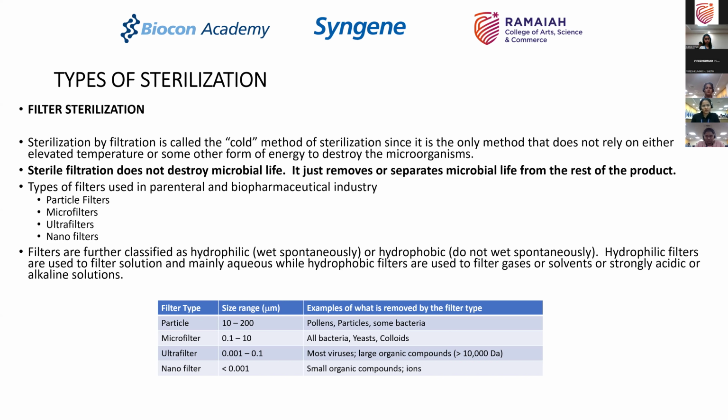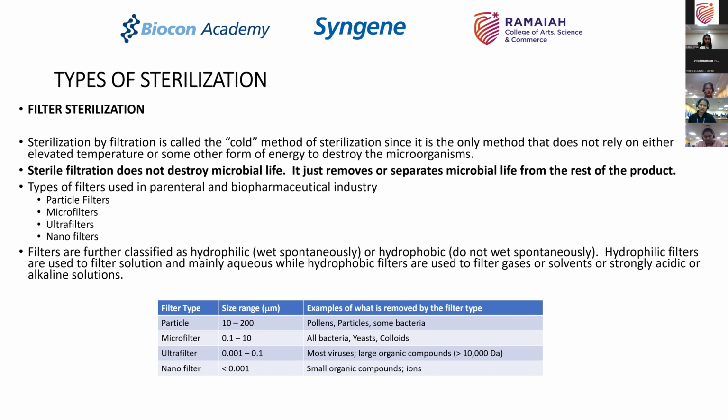We're going to take some examples on that and see how those decisions have to be taken when you are deciding what is the best method of sterilization, because we have various techniques. You could use moist heat, you could use dry heat, you could use filtration, you could use gas, radiation, you could use chemical means.